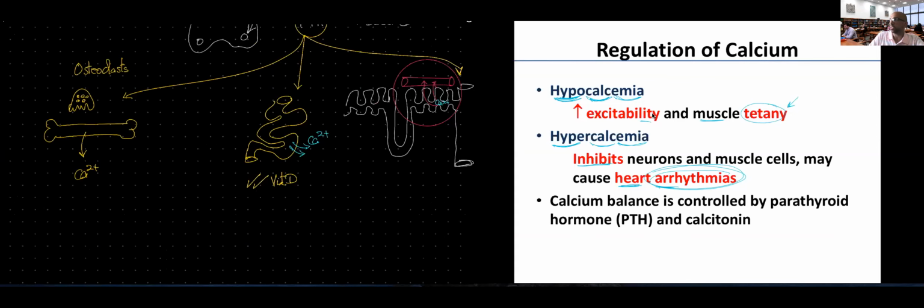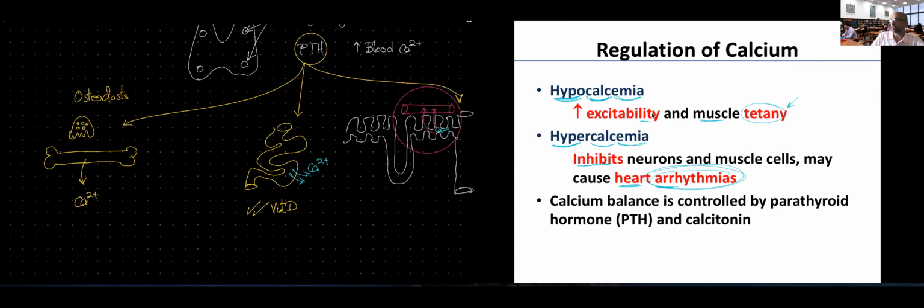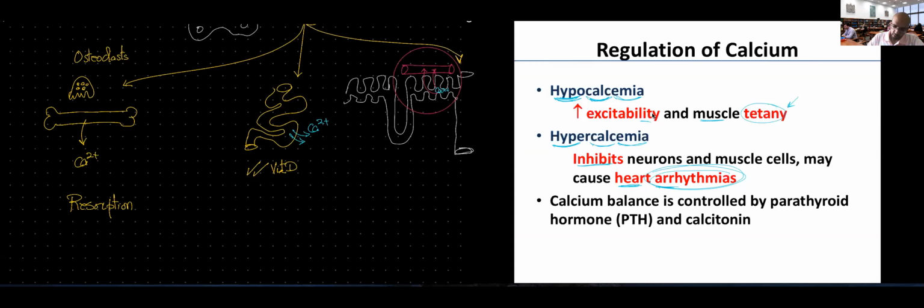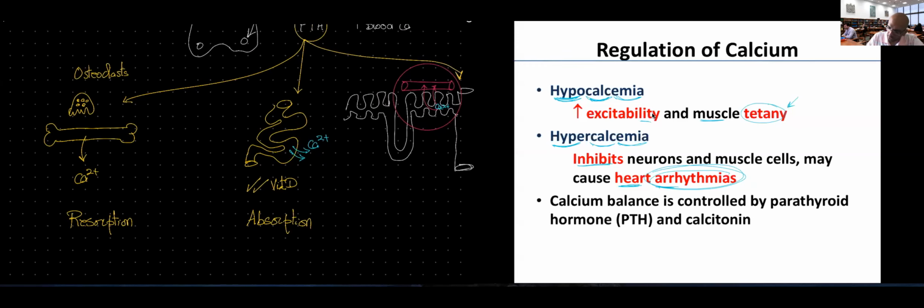So three main actions here of the PTH, parathyroid hormone. First one is resorption of the bones, breaking down the bone. Second, enhancing the absorption by activating vitamin D. And a third action is going to be by activating the tubular cells of the distal convoluted tubules to enhance the calcium reabsorption.